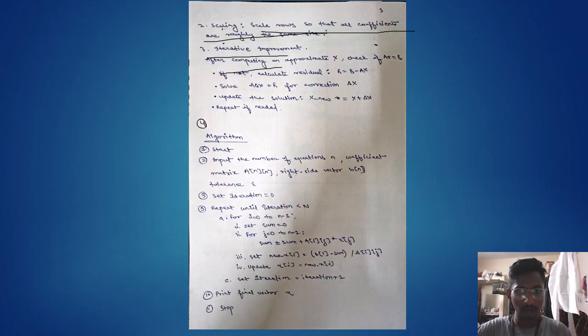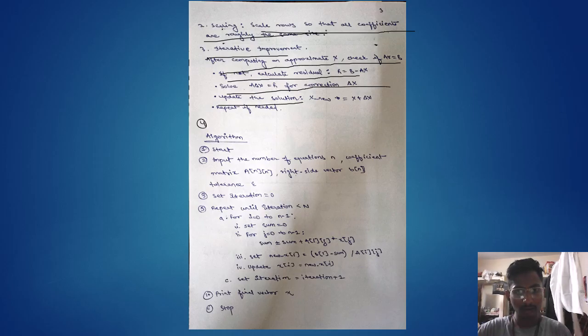Third is iterative improvement: after computing an approximate solution of Ax equal to b, calculate the residual r equal to b minus A times x. Solve for the correction delta x. Update the solution: x new is x plus delta x.